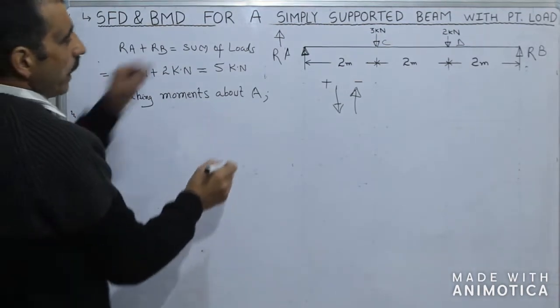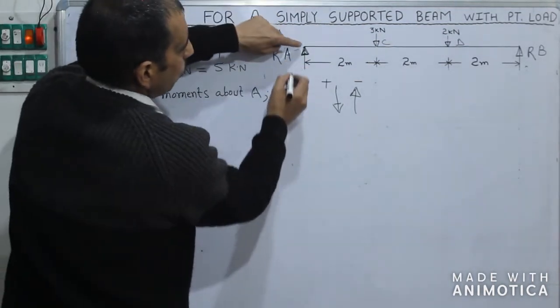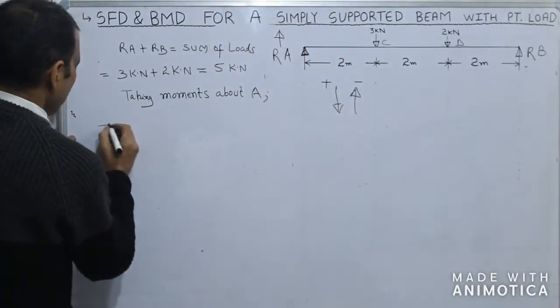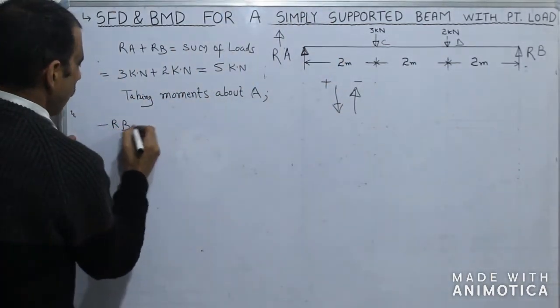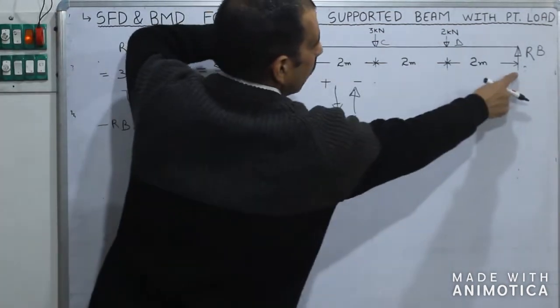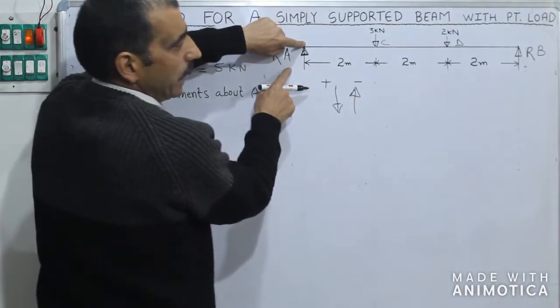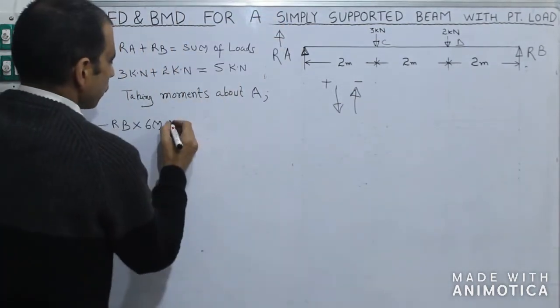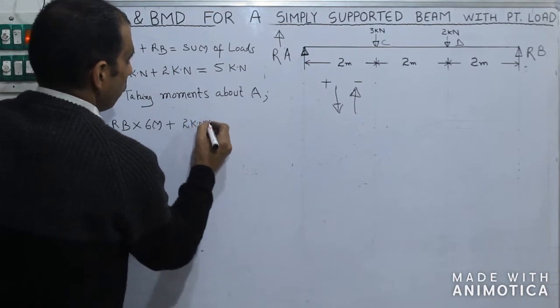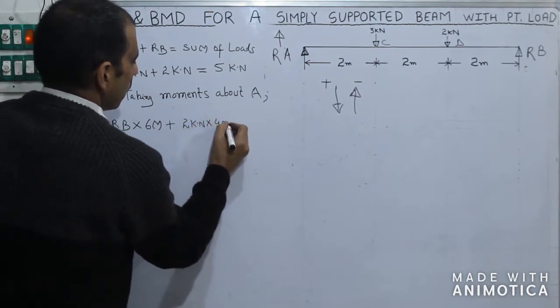Now, when I calculate moment about point A, the first force is RB, that is minus RB multiplied by 6 meters. It is at a distance of 6 meters from point A, plus 2 kilonewton multiplied by 4 meters.